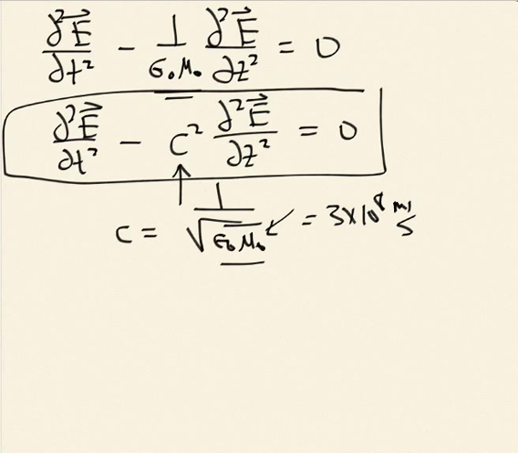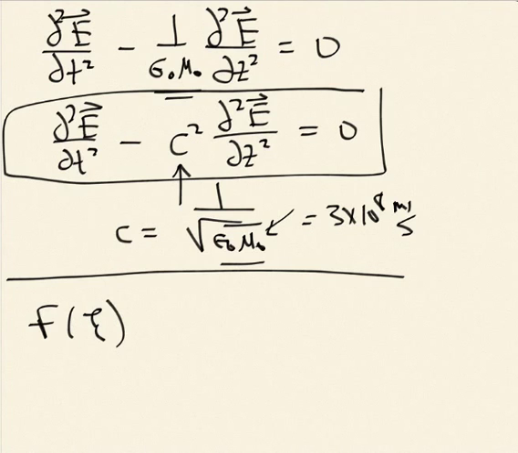All right, so now just to remind you, this kind of equation has a general solution. It turns out if you pick any function that is only a function of one argument, and that argument I'll call squiggle, like I did in 1B, where squiggle is z plus or minus ct. If this is true, then if I look at this wave equation, I'm going to take 2 time derivatives and 2 space derivatives of this function.